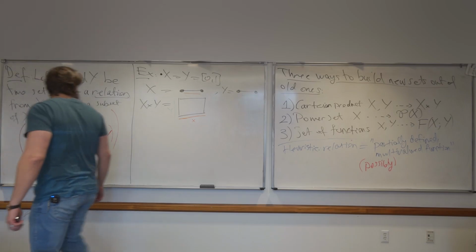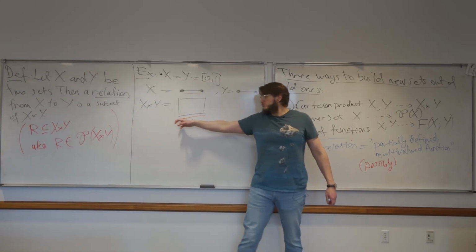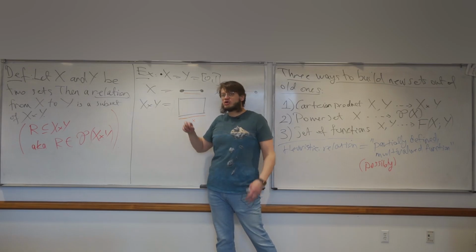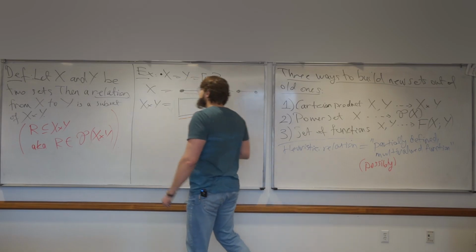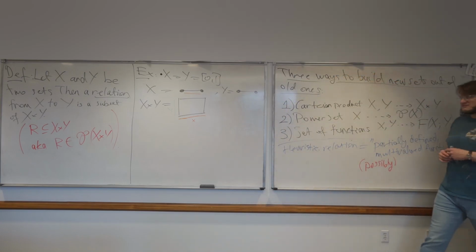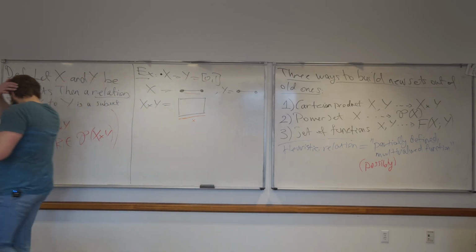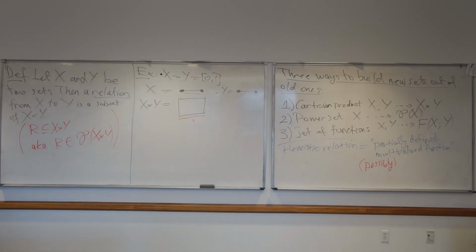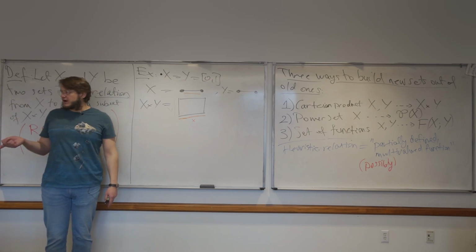And just like that, here too, I'm using the same sort of intuition. Sets technically don't look like anything, but we'll get to pretend that they do. Of course, what is the idea? Well, the point is, any point in x times y is supposed to be a pair of numbers, x and y.